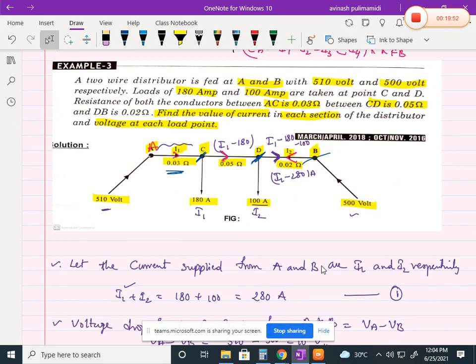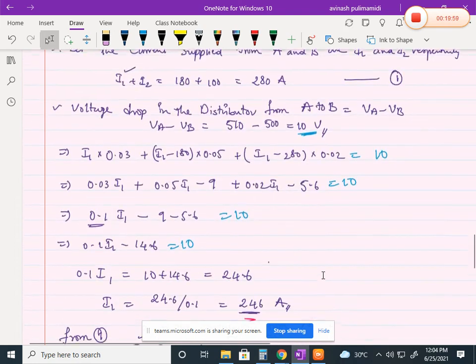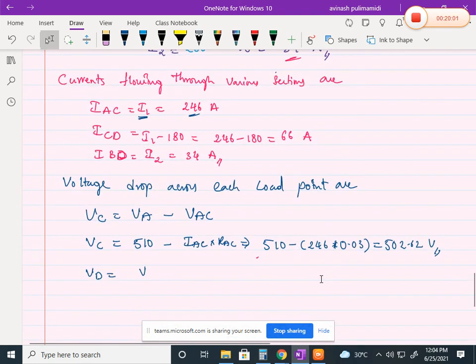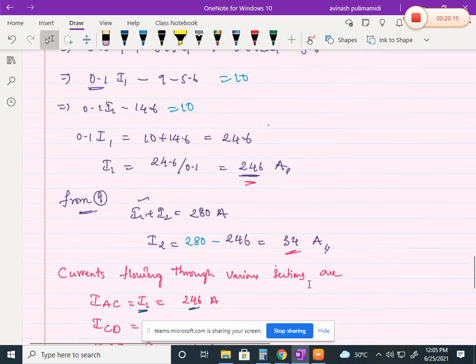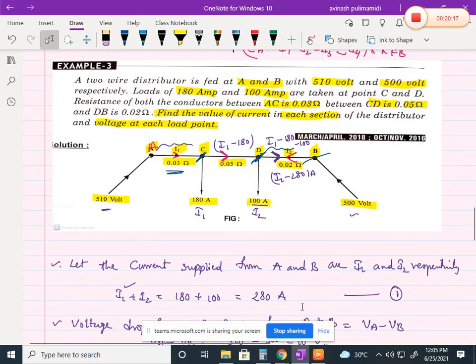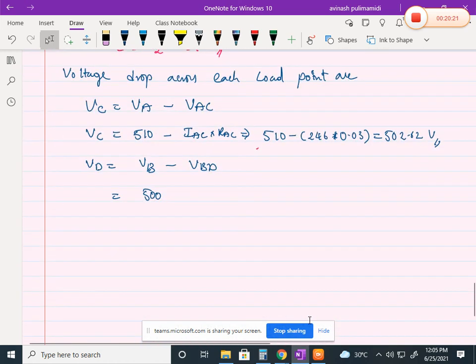Let us use this branch, BD, because it is nearer to the farthest end. So VD is VB minus VBD. What is VB? It is 500 volts. 500 minus what is VBD?